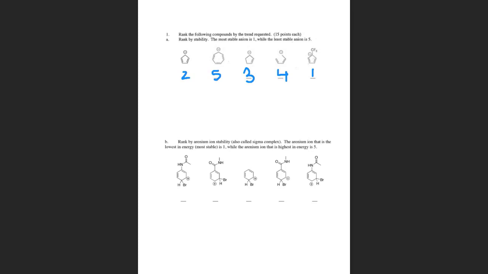Does everyone agree with this ranking? C does not have more conjugation. Do you think that I should switch this 3 and the 4? Okay.